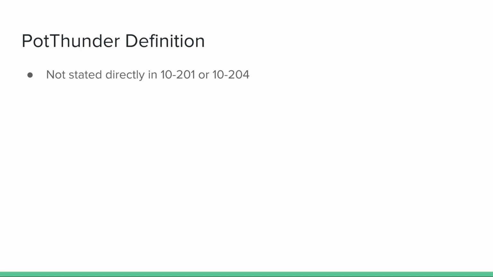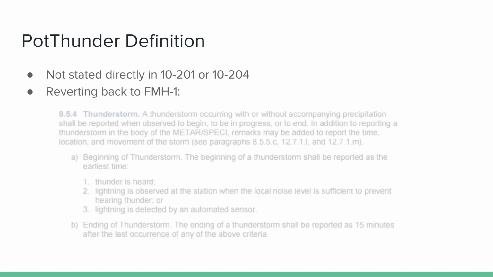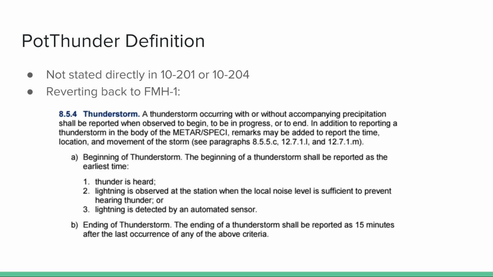Even if you go into the directives, there's nothing that really states it in 10-201 or 10-204, which are our main directives for NDFD and ZFP and all that jazz. So if you go back to the FMH-1 reporting requirements for thunderstorm, it's really whenever, and I've highlighted this specifically here, thunder is heard. So the real answer here is total lightning versus cloud to ground is what we want to be putting in probably in our grids.